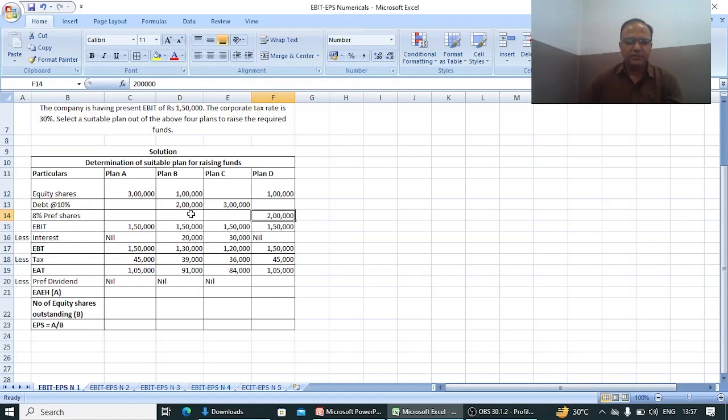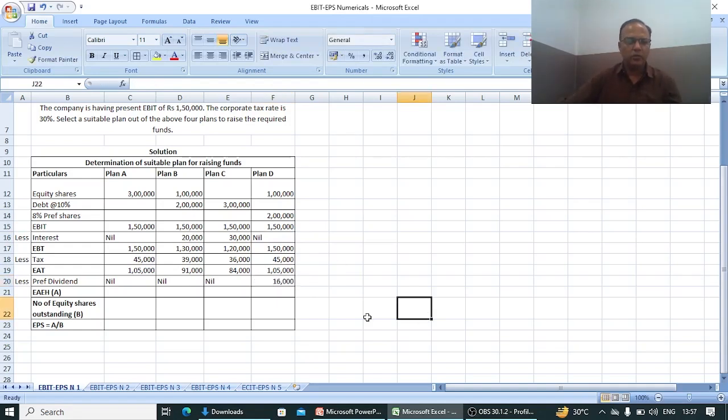It means we have to pay preference dividend at the rate of 8%. 8% of 2 lakh is 16,000.